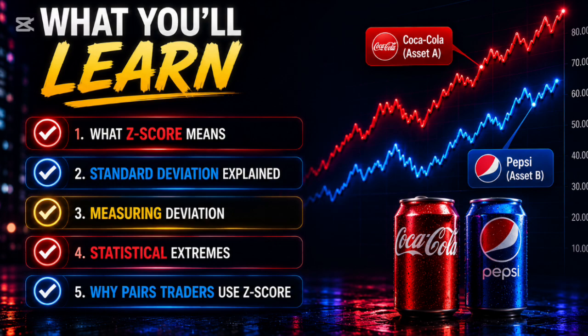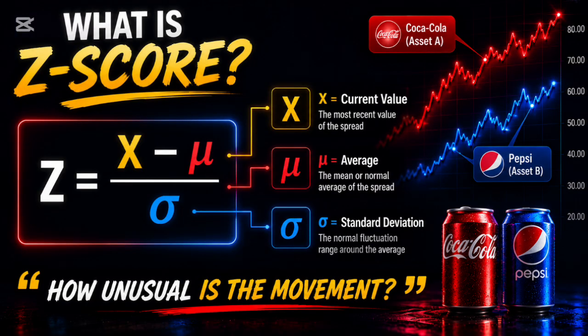So what exactly is Z-score? You must have seen Z-score in some of my videos on Excel, where you need to calculate it. What is it used for in statistical arbitrage trading?